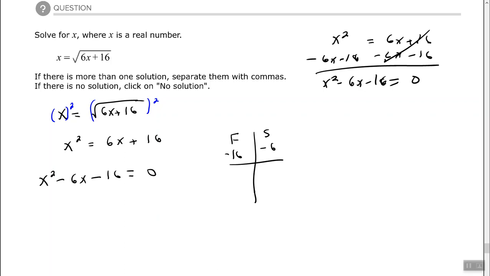The factor with the larger absolute value must be negative. So 1 and negative 16 would give us a sum of negative 15. 2 and negative 8 will give us a sum of negative 6. That's what we're looking for, those two factors.